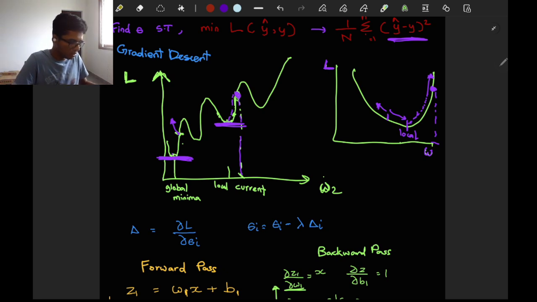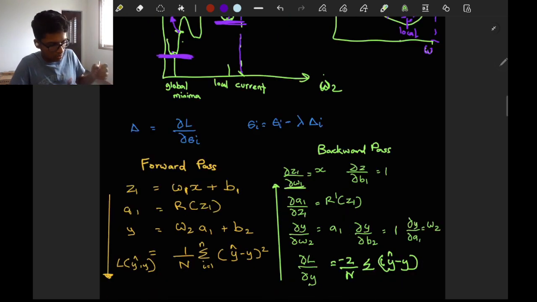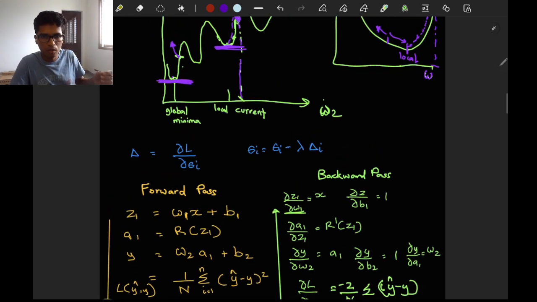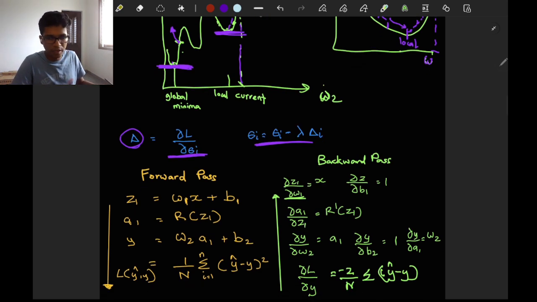So the slope is found using derivatives, taking the derivative at this particular point with respect to that particular parameter, which we call the gradient, and we subtract the gradient from the parameter itself. And how do we calculate it?